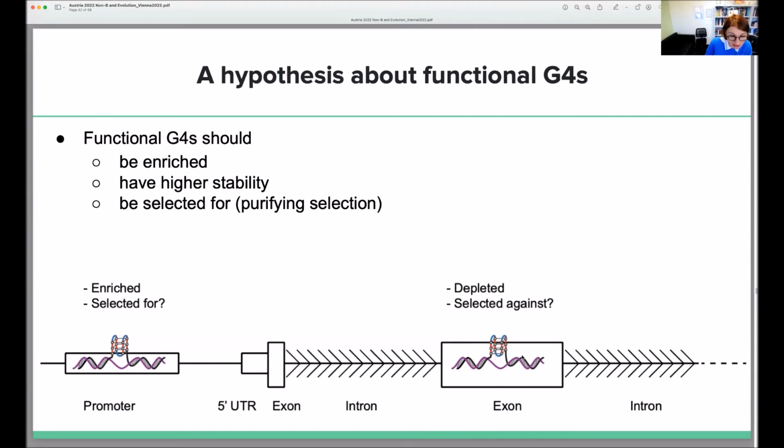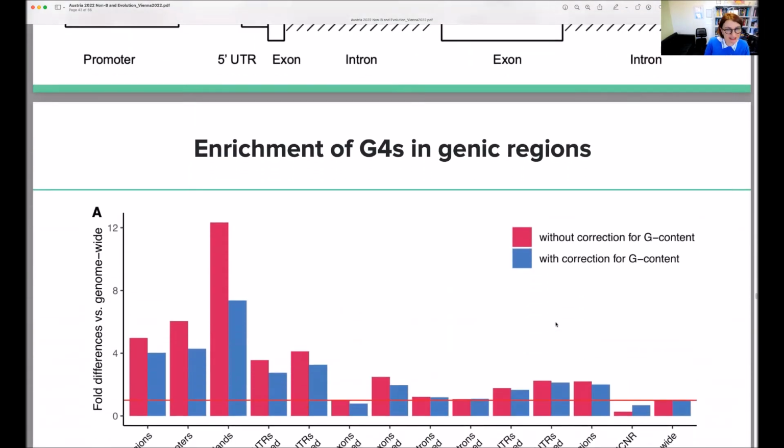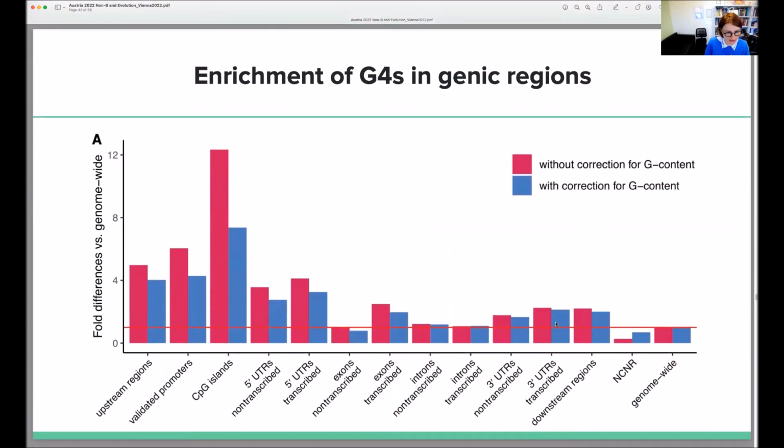But if they are not functional, let's say maybe within exons they are not functional, they should be depleted, they should perhaps be selected against, and they should not have a high stability. This was our hypothesis. So now let's take a look at what the data show us.